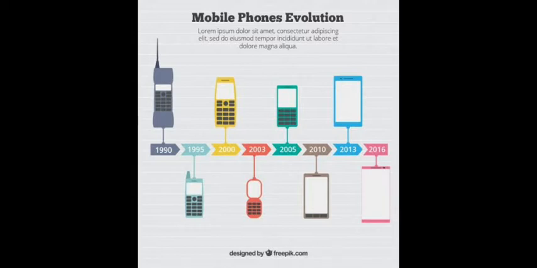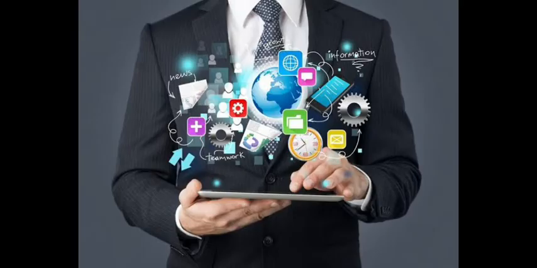As we moved into 3G and 4G, the required size for phones became smaller. However, you will notice the phones that we have these days are very big in size. The reason being, it's not the required size of the phone, it's because there's a lot that is available in the mobile phones right now. That's why we call them smartphones, because these are not just phones, these are computers.